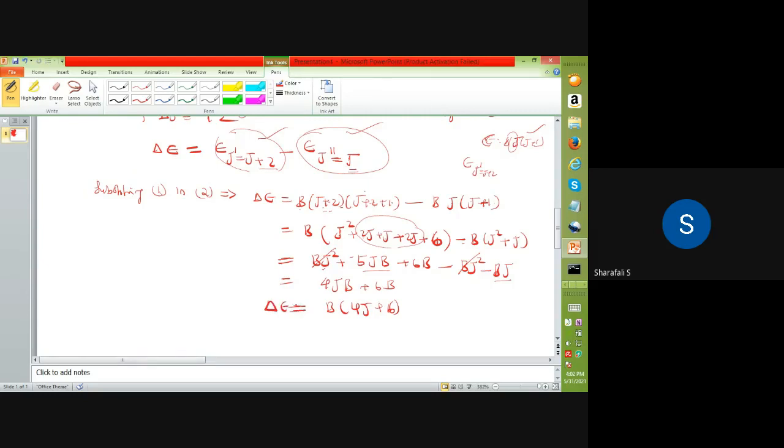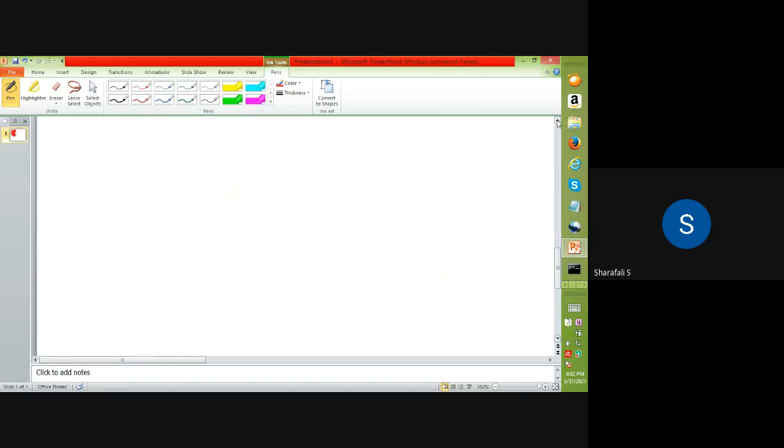This is the change in energy between the upper and lower. So by this way, you have to do all those delta epsilon calculations that we have to write for microwave as well as infrared.